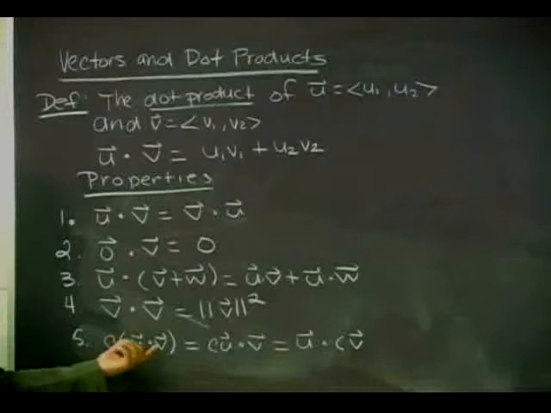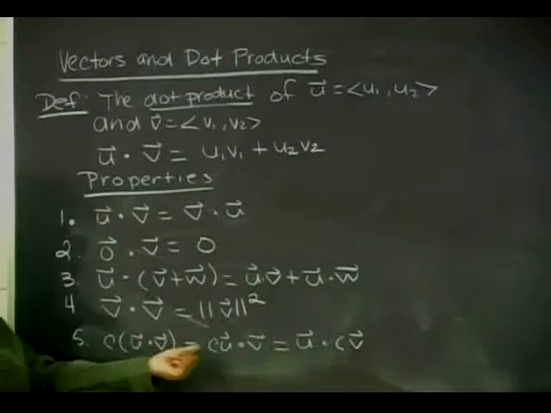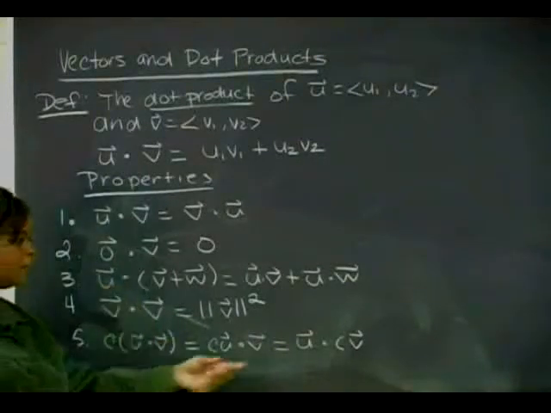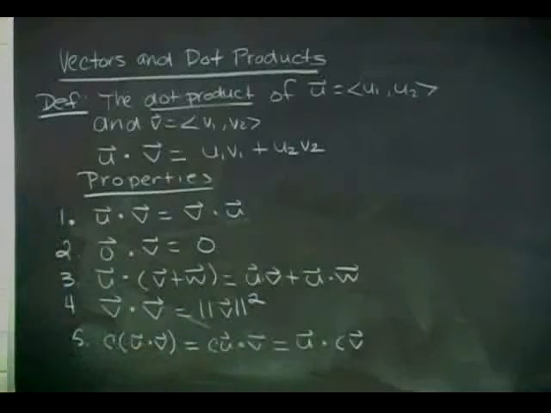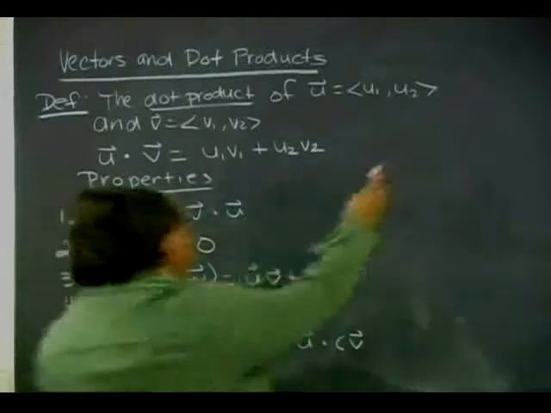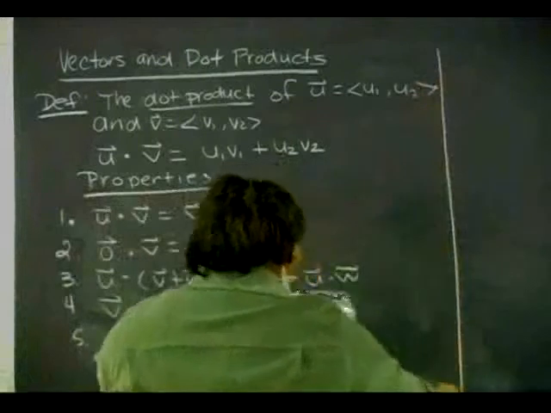So we can take the dot product first and then multiply, or we can multiply the first vector or the second vector and then take the dot product. So those are just some properties. Let's look at an example.